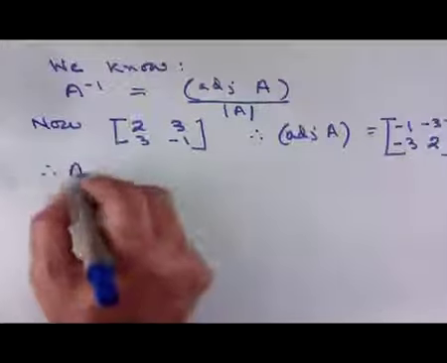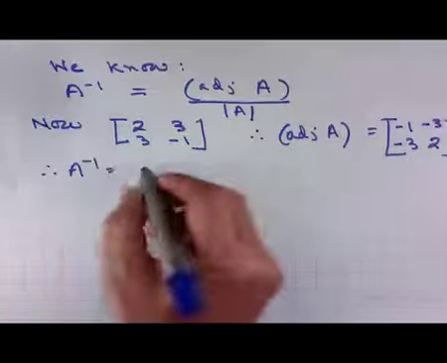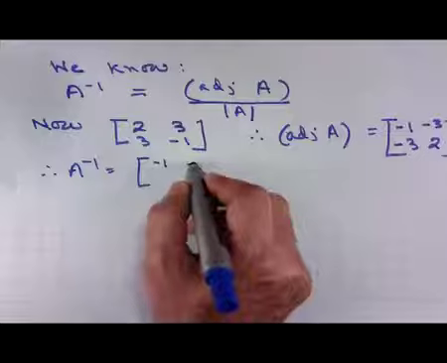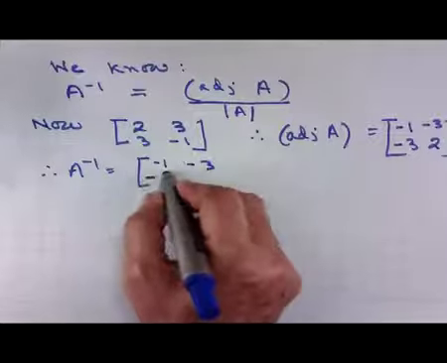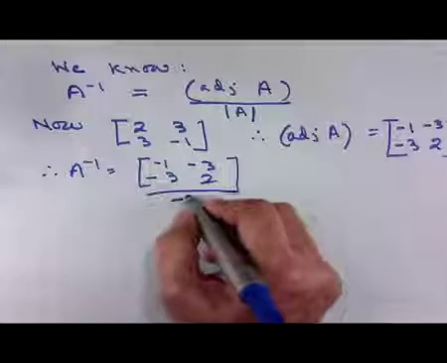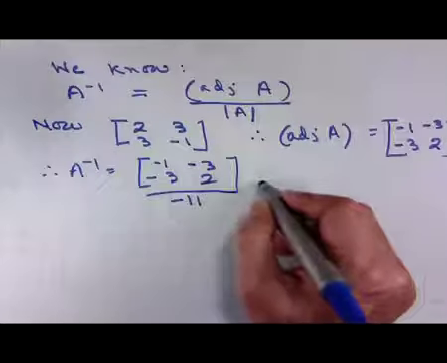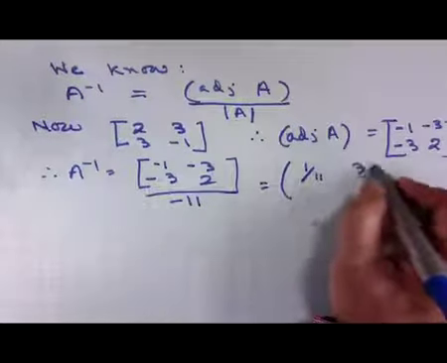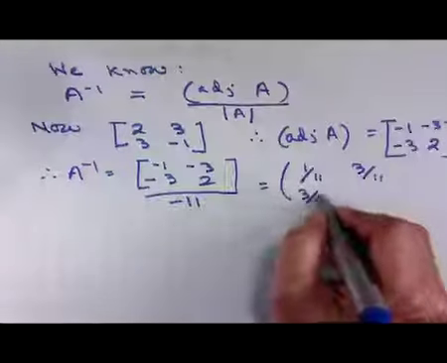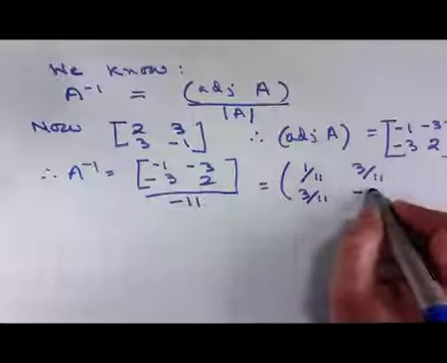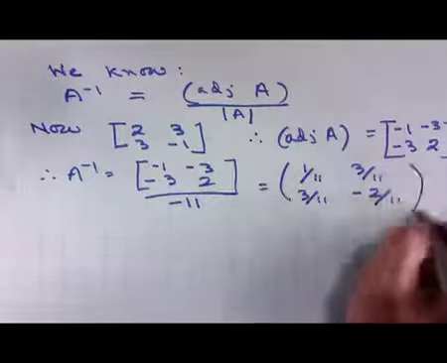Therefore, A inverse is equal to [-1, -3; -3, 2] upon minus 11, which is equal to [1/11, 3/11; 3/11, -2/11].